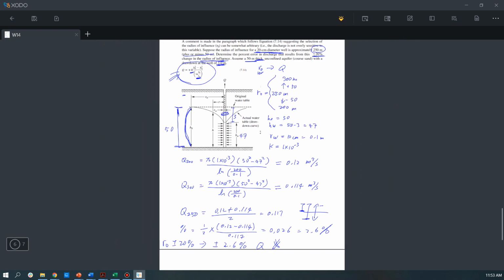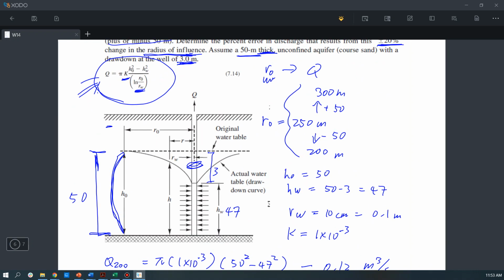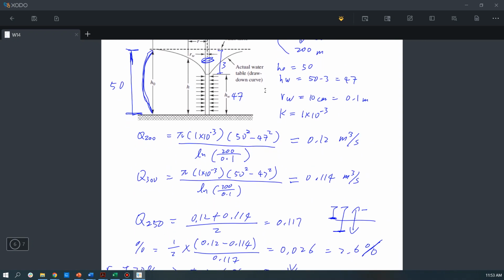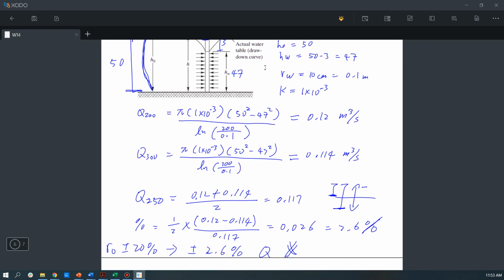So basically what you need is to use this equation 7.14 and calculate the discharge with different R0. Then you can estimate the corresponding changes in the discharge with different R naught. So we can see that the influence is indeed quite small.